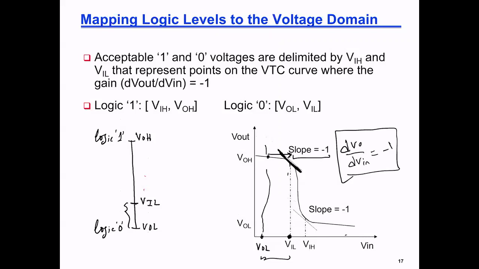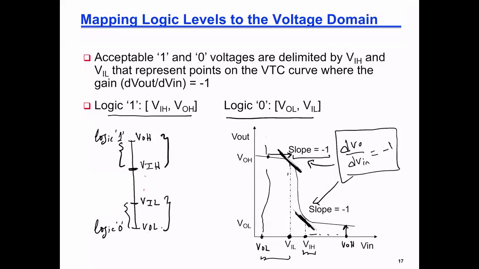And in a similar fashion, if this was VOH here, then I can still accommodate inputs that are as low as VIH, which is also the point on the other side of the curve, yani moving further into the curve, where dVo by dVin equals -1. So therefore, the logic 0 and the logic 1 are intervals defined by VOL and VIL, and defined by VIH and VOH.